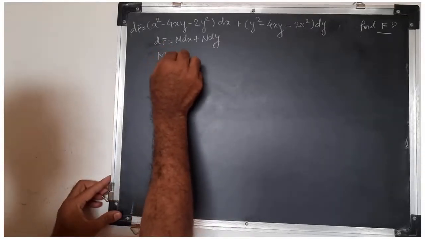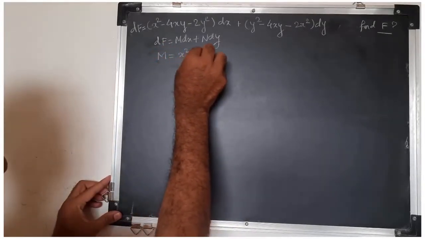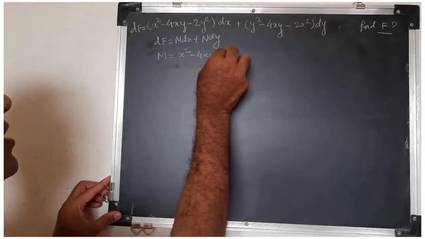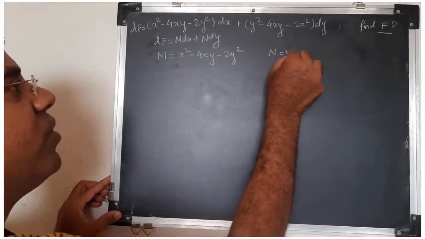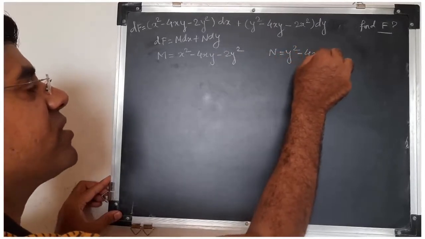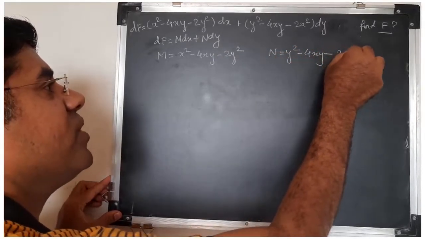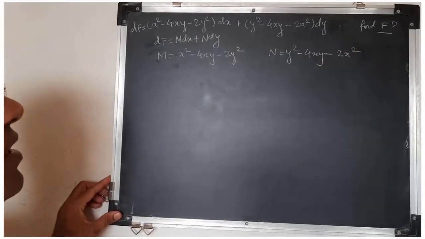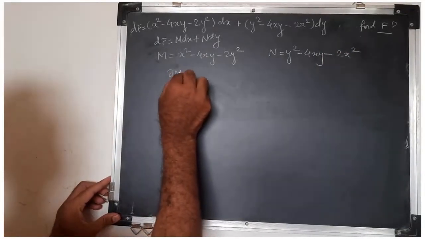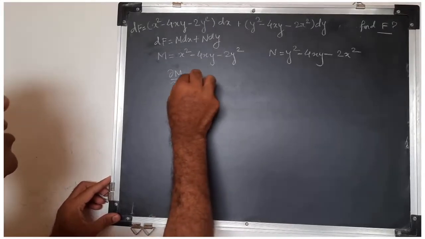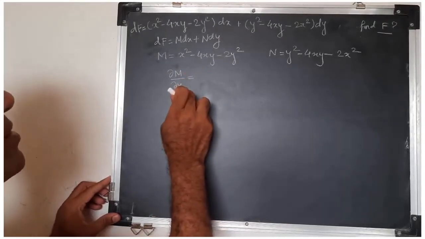So M is x squared minus 4xy minus 2y squared, and N equals y squared minus 4xy minus 2x squared. Now what is my condition for exactness? Partial M by partial y, with respect to y.